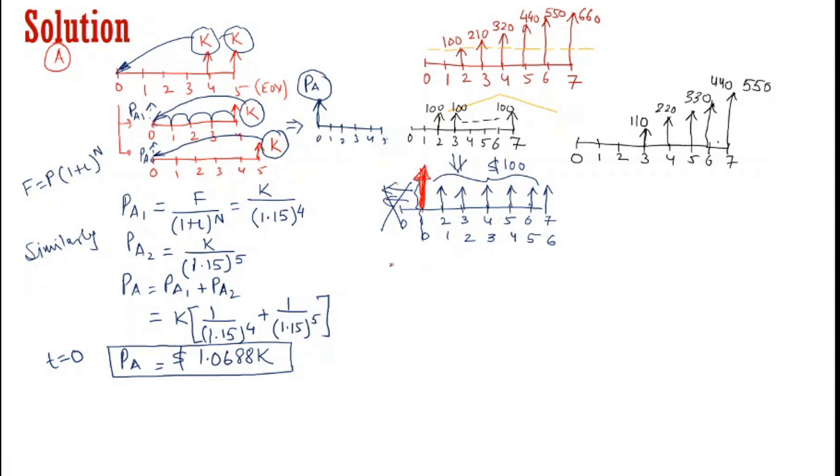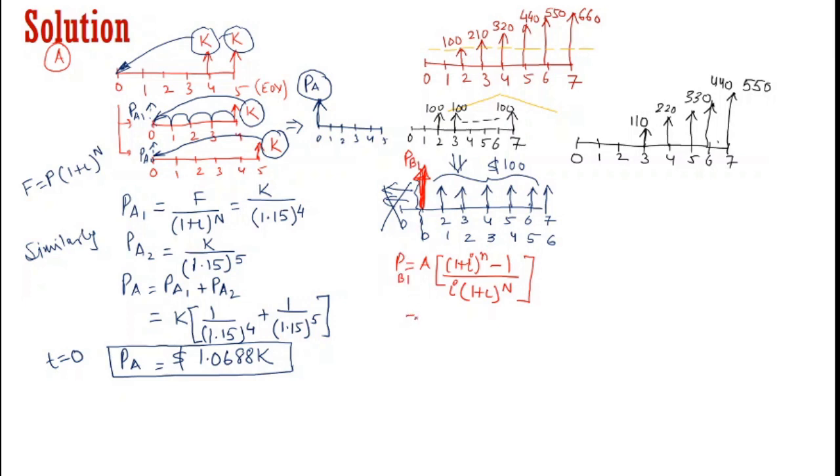We can find it out by using the relationship, that is P equal to A (1 plus i)^n minus 1 upon i (1 plus i)^n. So this is the relationship. Let me call this PB1.